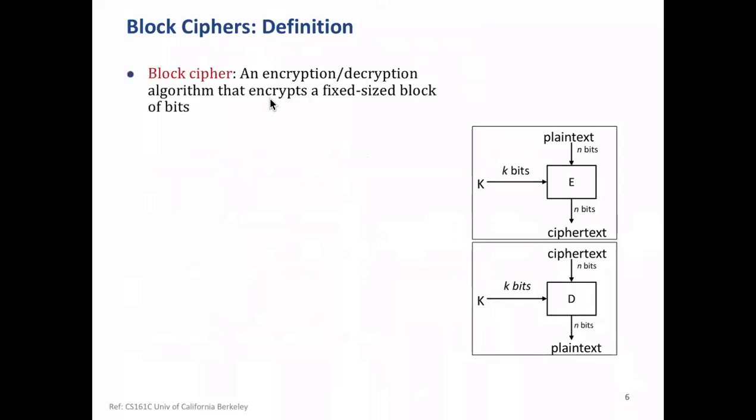Now we have studied the concept of block ciphers. In block ciphers, encryption and decryption is on fixed-size blocks of bits. So there is a block of n bits, and this is encrypted with a key, and we get output which is also n bits.